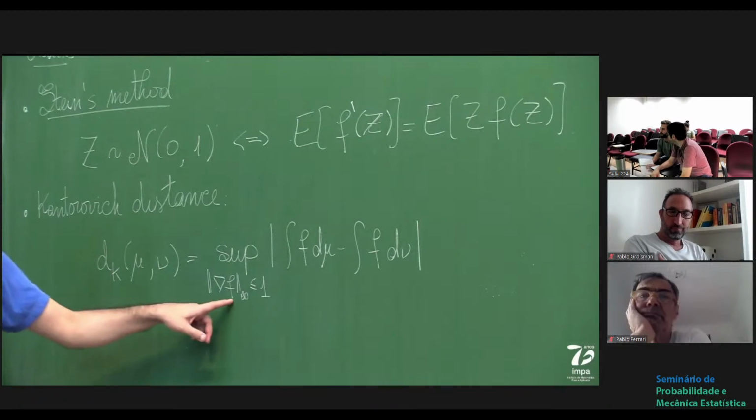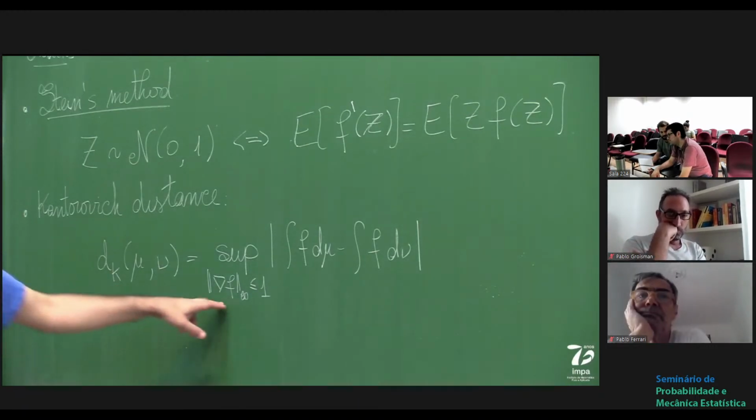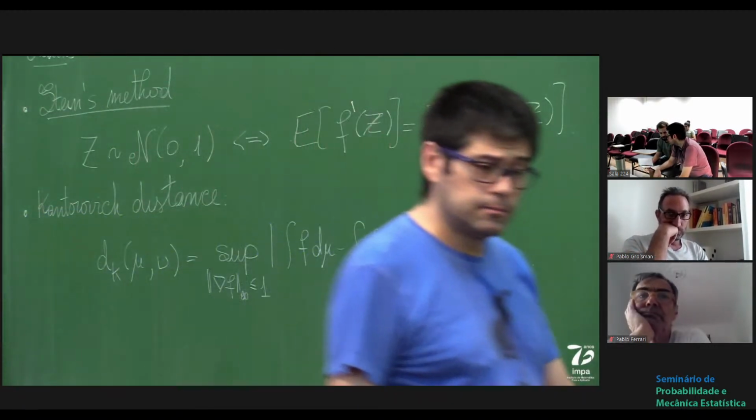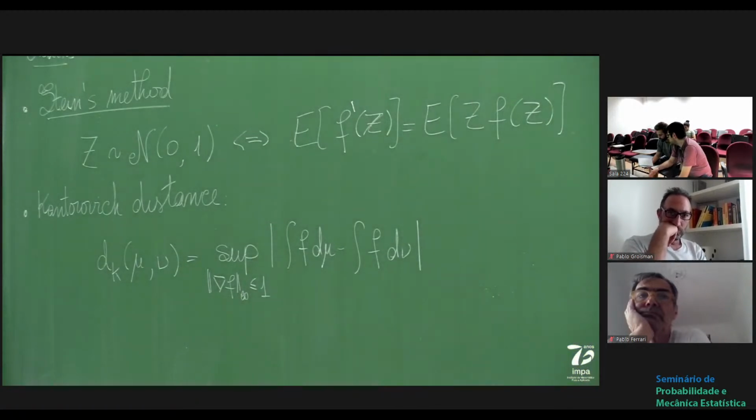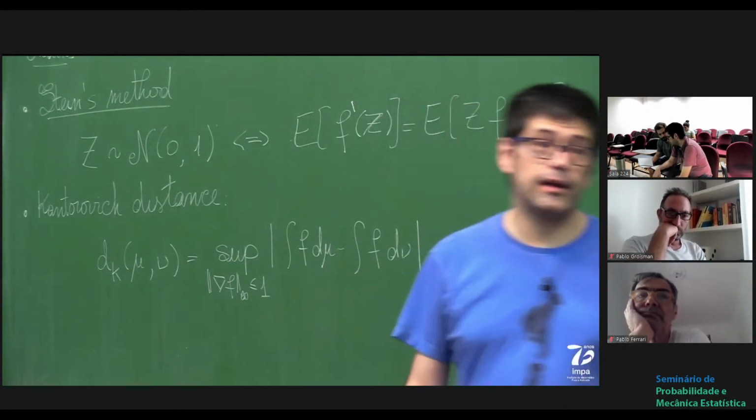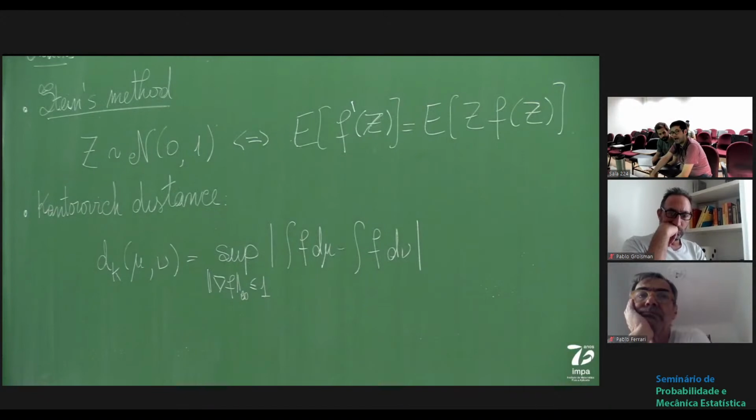So, over all functions whose gradient is bounded by 1, we take the difference of the integrals with respect to the measures mu and nu. We take the supremum over all those differences, and that's the Kantorovich distance.